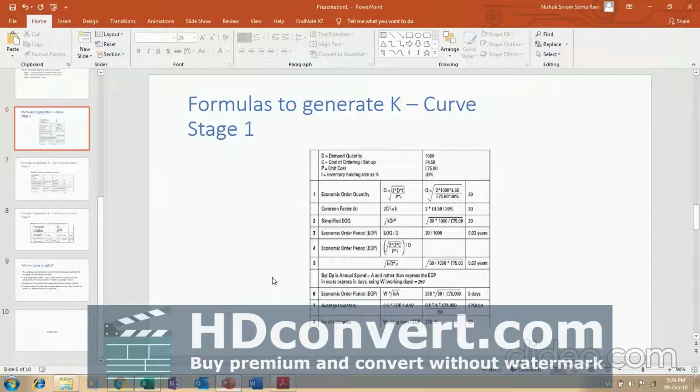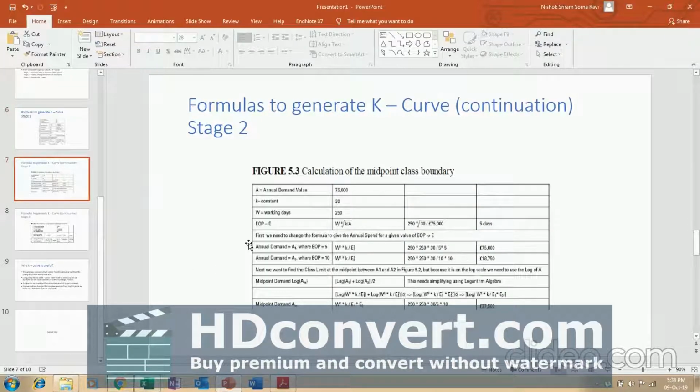Next, we are going for step 2, which is building a bridge between EOP and Pareto.